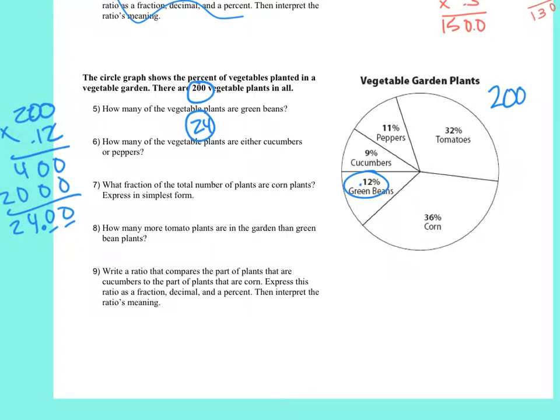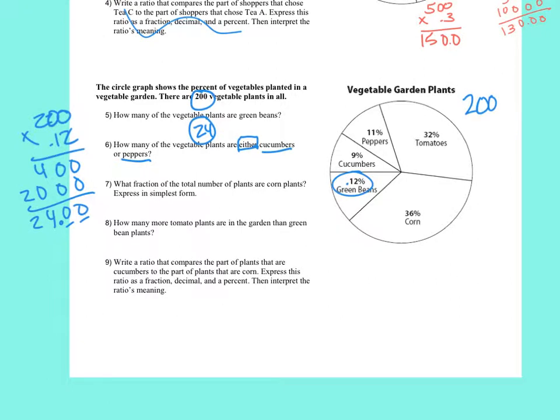Number 6, how many of the vegetable plants are either, so that means we're going to combine cucumbers or peppers. So how many percentage-wise, how many cucumbers and peppers do we have? Oh, wait. It said either, so we're going to combine them. So combined percentage, 11% plus 9% is 20%.